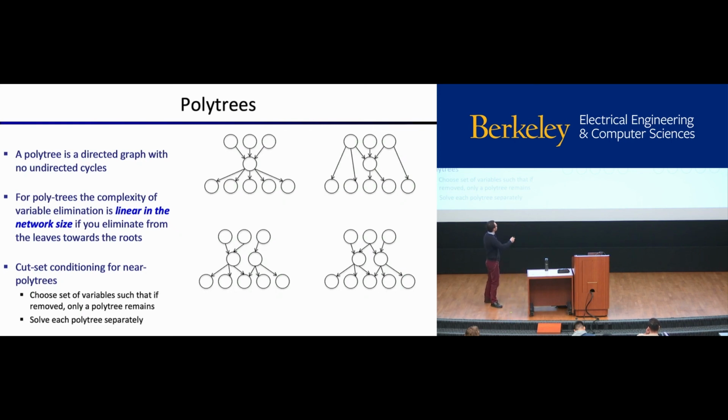So look at these 4 potential graphs and tell me which one of these is not a polytree. So in your head, try and remove the arrows and see if you find any loops.